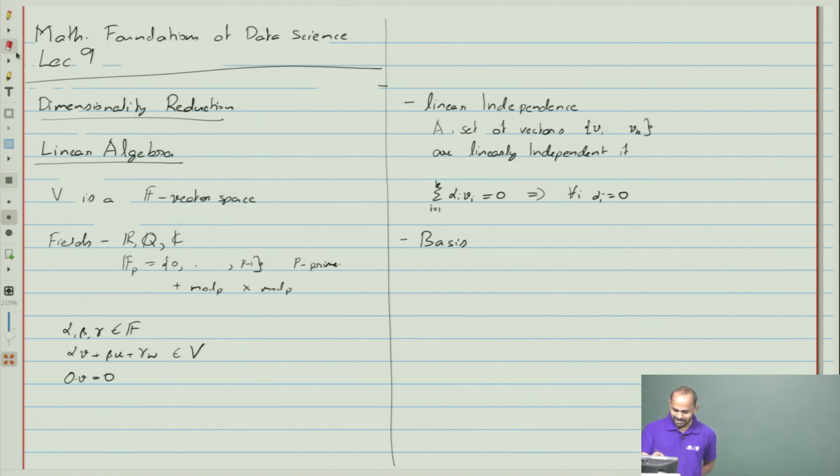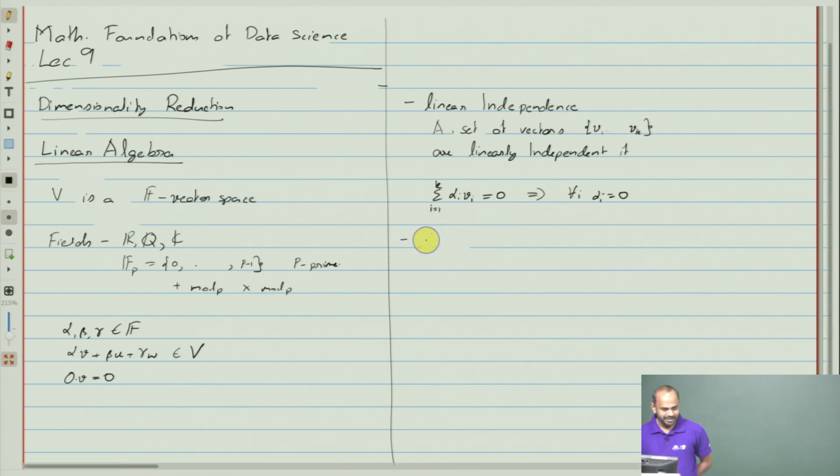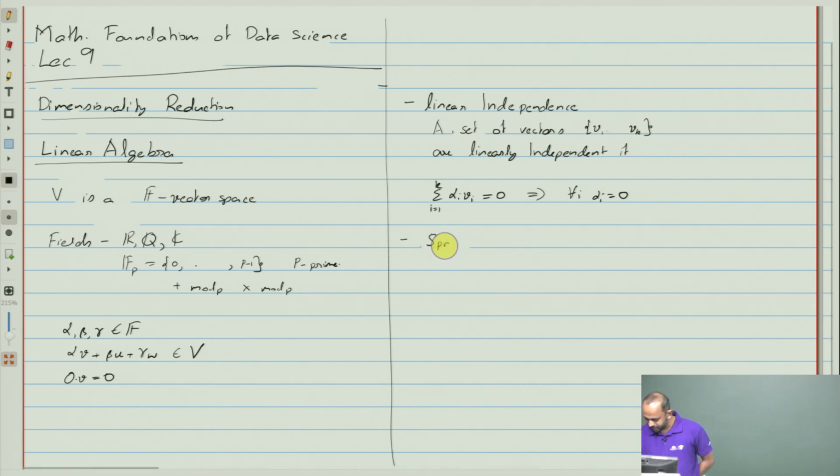Let us go one by one. I will say first what span is. Given a set of vectors, what is the span of the set v 1 to v k?